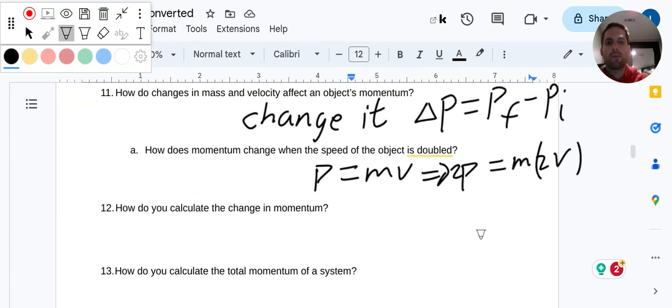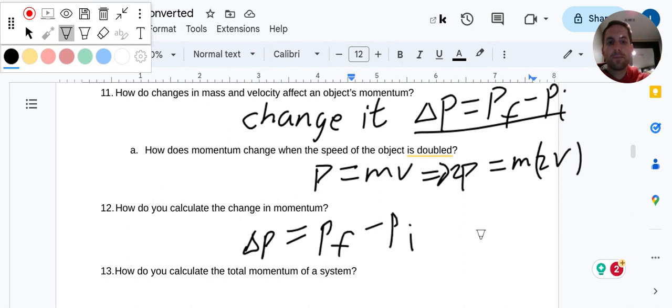The change in momentum, like discussed up here, is change in P equals P final minus P initial, or mv final minus mv initial usually, because the mass doesn't usually change unless you're dealing with rockets, so we don't deal with rockets here.